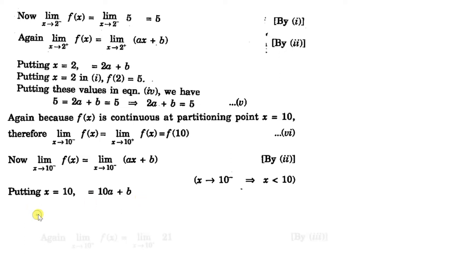And on the right of 10 the value of the function is defined as 21. So the right hand limit of f(x) at 10 is equal to the limit of 21, and since it is constant its limit will be 21.